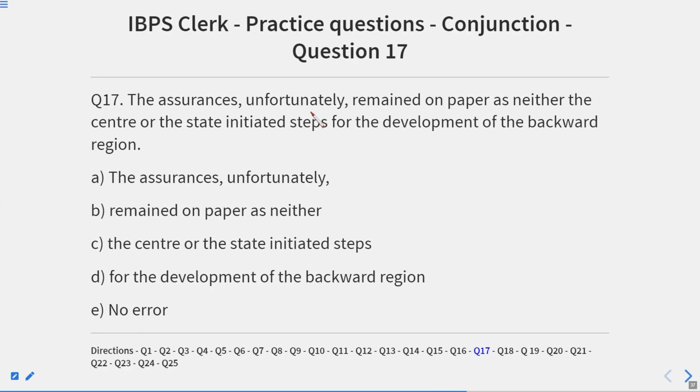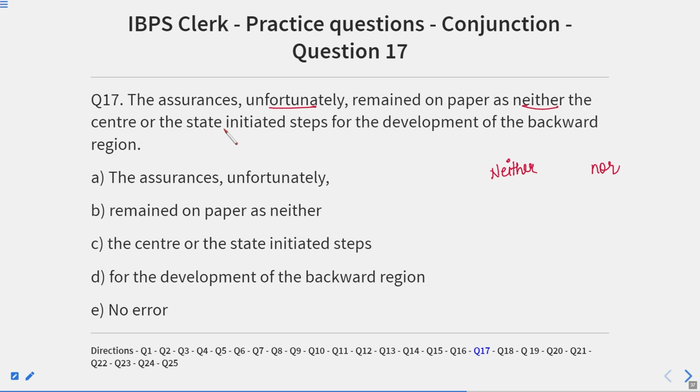The assurances unfortunately remained on paper, as neither the center or the state initiated steps for development of the backward region. Now, whenever we use the word neither, it is paired with nor, and these are negatives. So neither is always followed by nor.